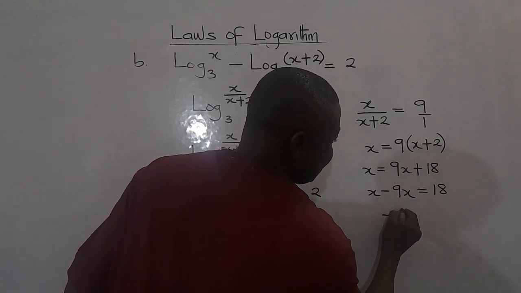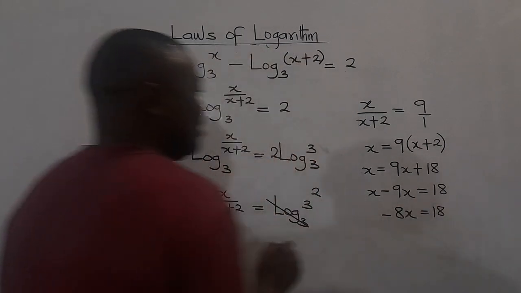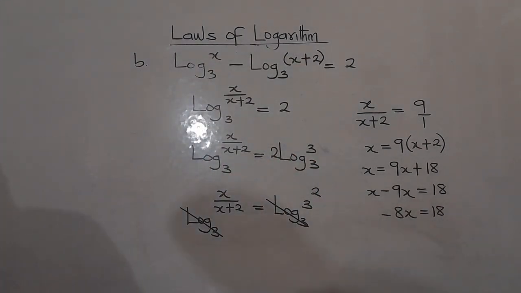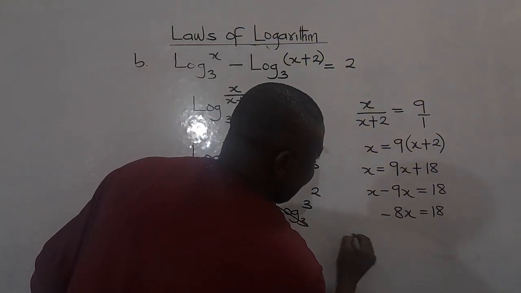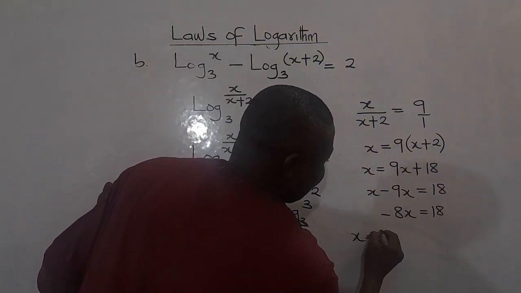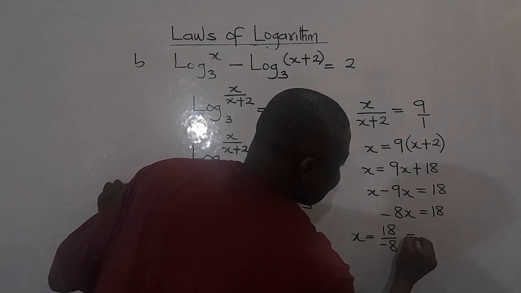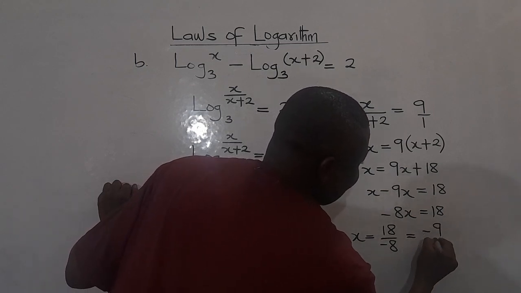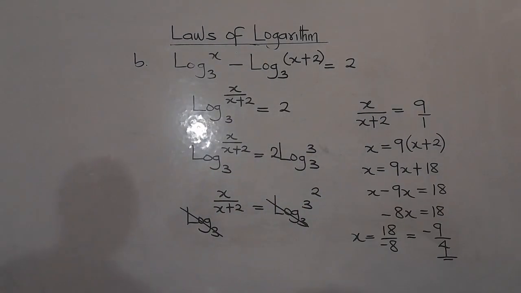So this is minus 8x equal to 18. Then I think we know what's next to do. So x becomes 18 over minus 8, which is minus 9 over 4. So that's the value of x.